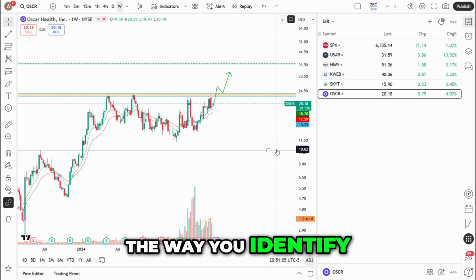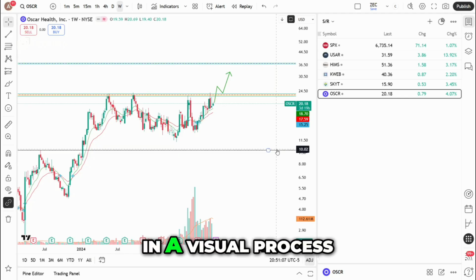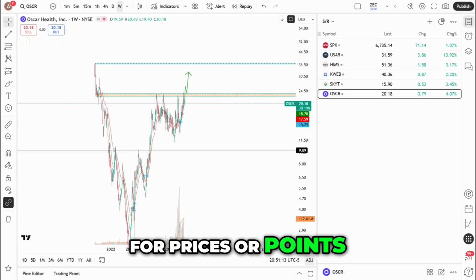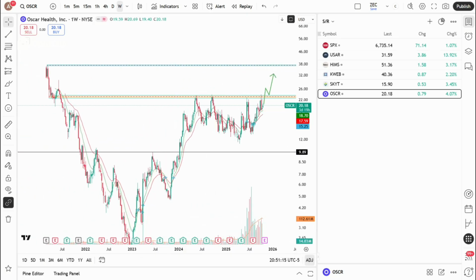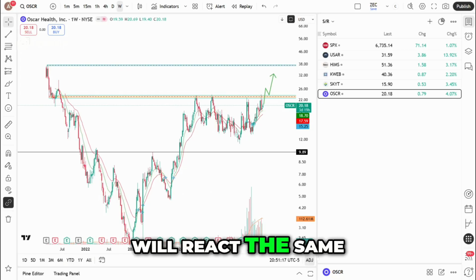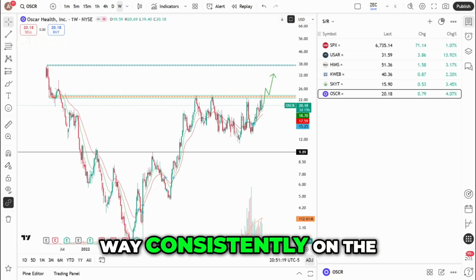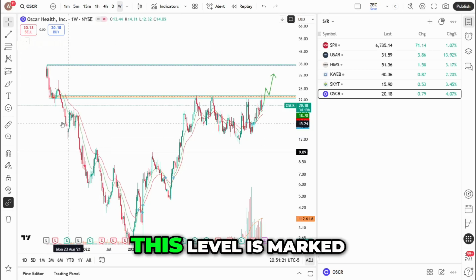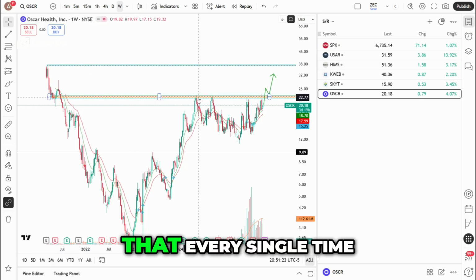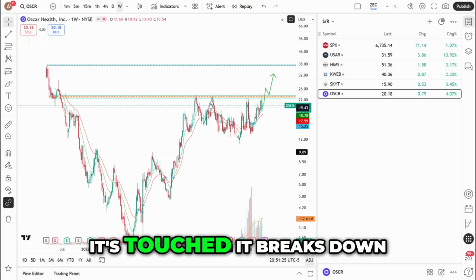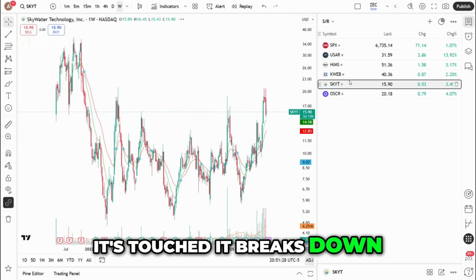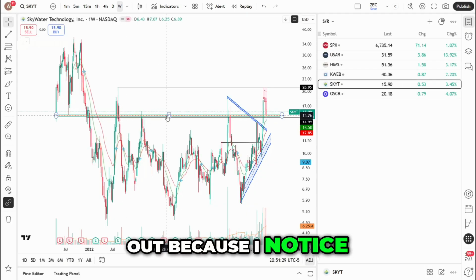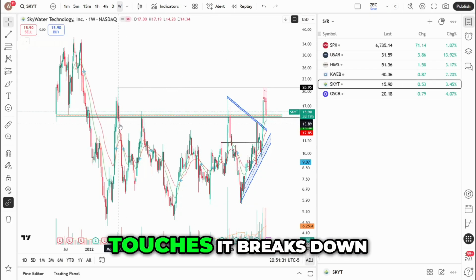The way you identify them is very clear and a visual process. You have to look for prices or points at which price will react the same way consistently on a historical level. This level is marked out because I noticed that every single time it's touched, it breaks down.